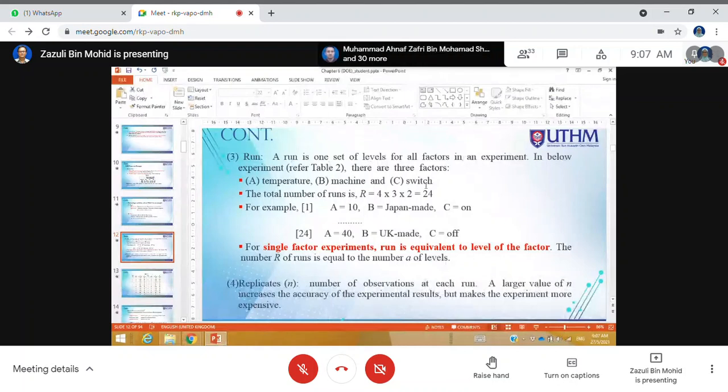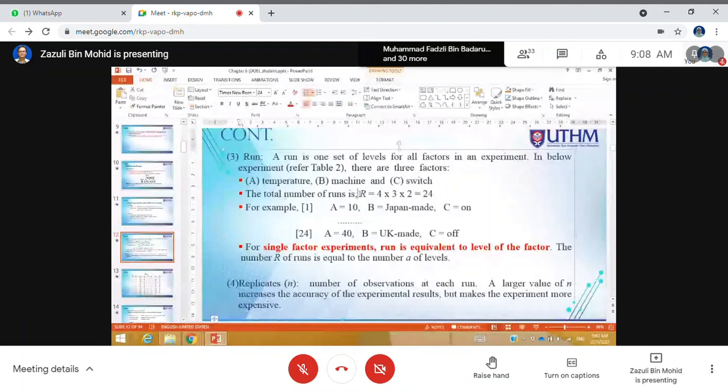We have temperature, machine, and switch. The total number of runs we can calculate using this formula: the first factor's number of levels times the second factor's number of levels times the third factor's number of levels.